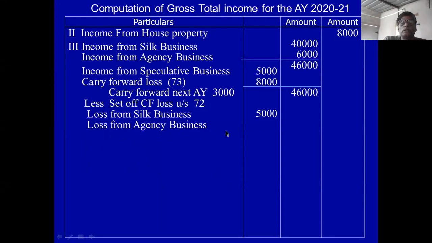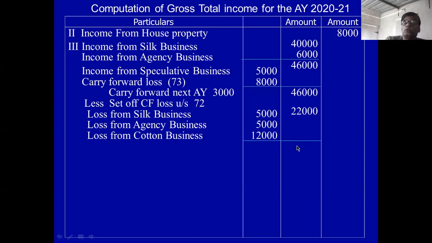Loss from agency business carry forward is 5,000. Then cotton business discontinued 12,000. Okay. Totally it is 22,000. This is the carry forward loss. If you deduct it, 24,000 is the income from business.